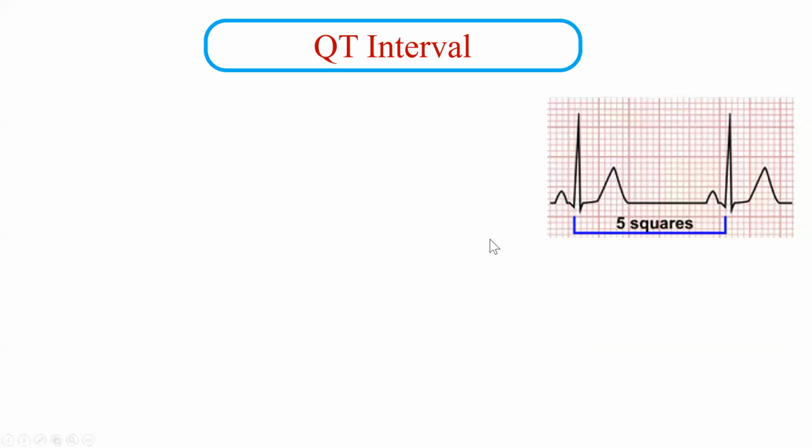Now, what can cause a prolongation of the QTc interval? All the hypo conditions, like hypokalemia, hypocalcemia, hypothermia, and hypomagnesemia, make the heart contract slower, so the QTc interval will be prolonged. Also, any myocardial ischemia can cause this.